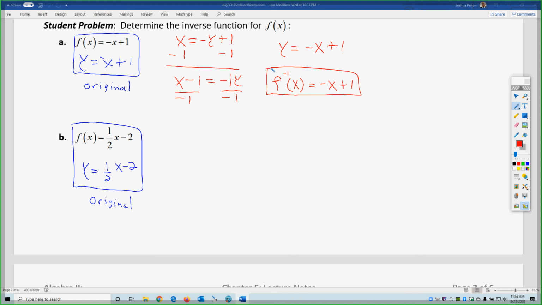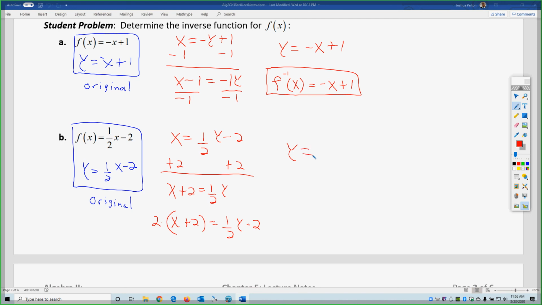Okay, so this one, x equals 1/2 y minus 2, so we'll add 2. So x plus 2 equals 1/2 y, and we'll multiply both sides by 2. So that gives me y equals, if I distribute, 2x plus 4.